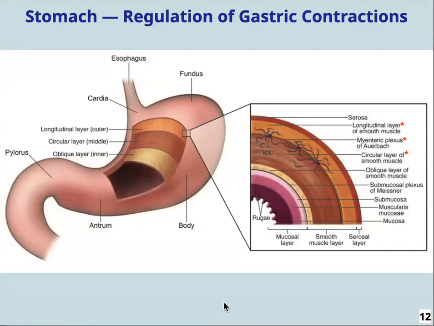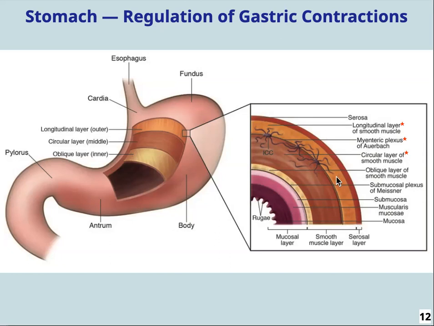In this slide, we take a look at the cells that are important for the regulation of gastric contractions. As we've previously learned, your stomach contains 3 layers of smooth muscle. So these are all smooth muscle cells. Okay, and this is the serosal layer, the visceral peritoneum.